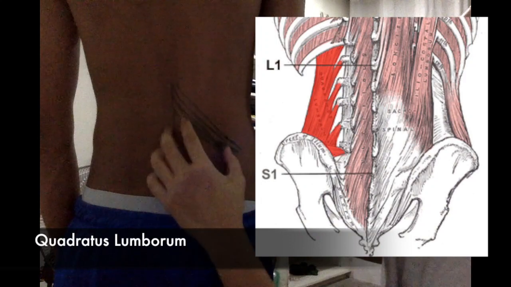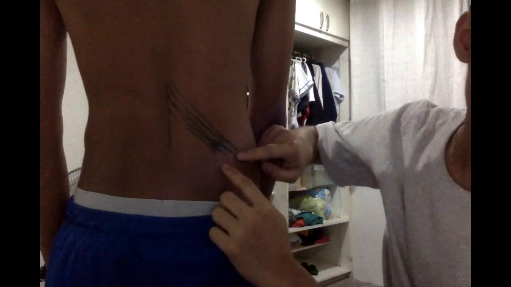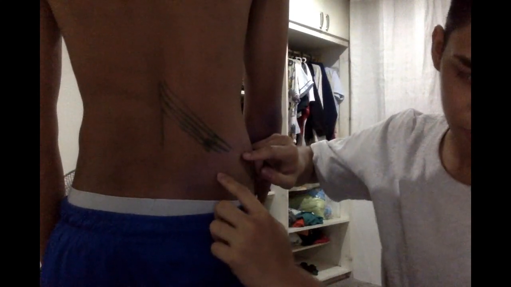Lastly, for the group of muscles around the spine, we have the quadratus lumborum muscle. So, it's the muscle situated here. Medyo baba siya. Its origin is in the posterior border of the iliac crest. So, yung bewang niya, around here. Medyo binaba ko yung shorts. Dito siya. So, its origin is here.